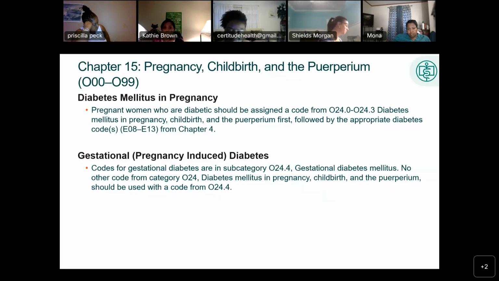And remember, there's also a shortcut to that, which I'll remind y'all of in a little bit. Actually, that shortcut to finding those Z codes for the long-term use of drugs is on page 1317. So the Z code to represent a hypoglycemic drug is Z79.84. And then the other would represent insulin.